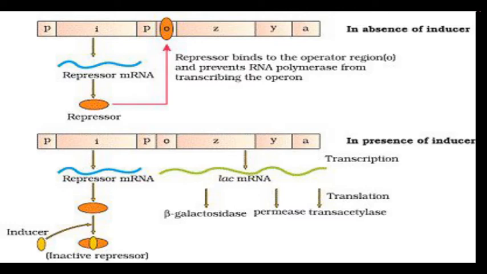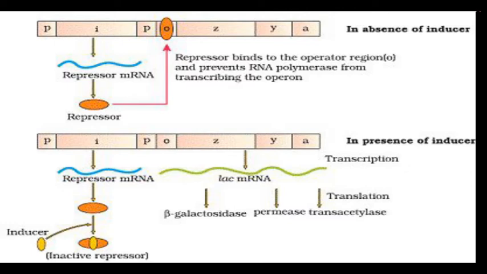So this I gene, which is a regulatory gene, an inhibitory gene, encodes for the repressor protein. It transcribes into a repressor mRNA and then translates into a repressor protein. This repressor protein always binds to the operator region of the Lac operon.